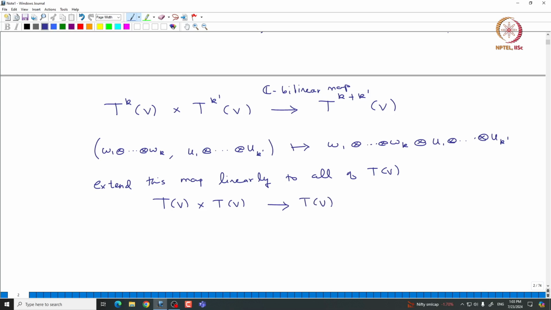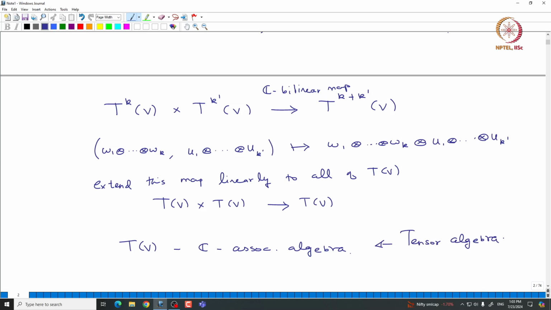This is the product defined on T(V). So, T(V) becomes a C-algebra, indeed an associative algebra with respect to this product. This way we can make T(V) a C-associative algebra, which is called the tensor algebra.